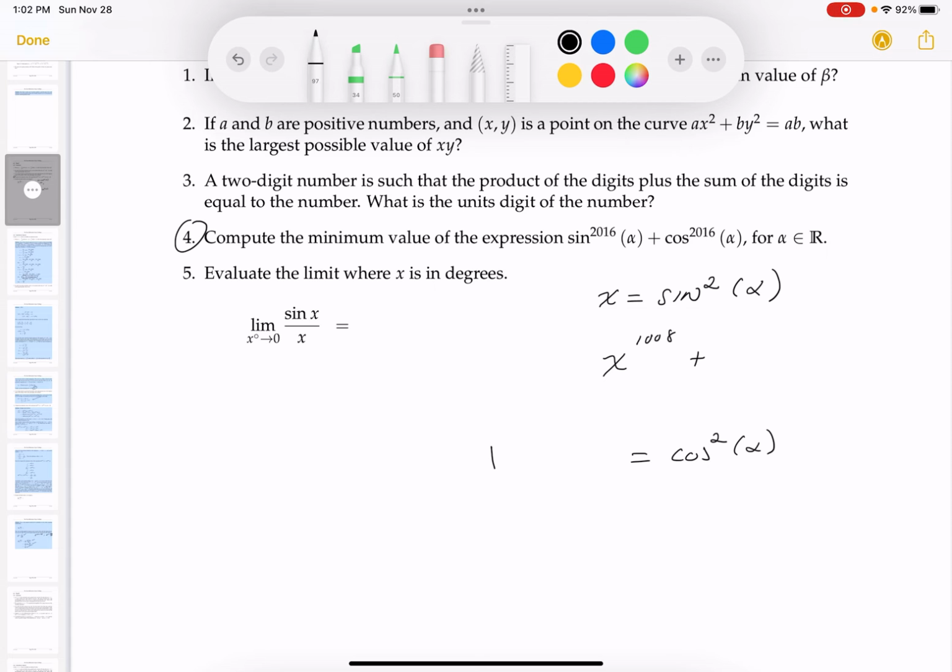That would equal 1 minus sine squared alpha. That's Pythagorean identity. So that would be the same thing as 1 minus x. All right? And then what's it going to be? It's going to be 1 minus x raised to what power? Well, 1008.